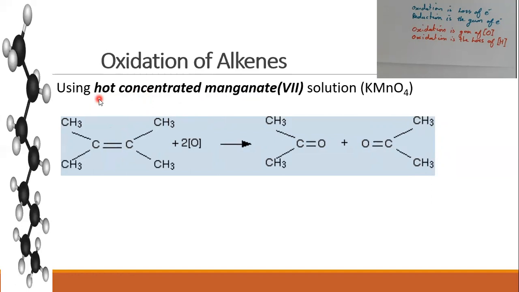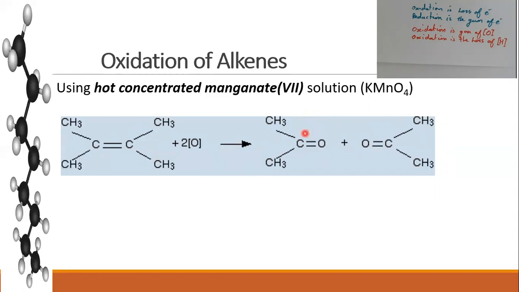We've got extra energy and it breaks right off. So here we have the molecule 2,3-dimethylbutene reacting with a hot concentrated solution of permanganate, and it forms two ketones, a prop-2-one and a prop-2-one.